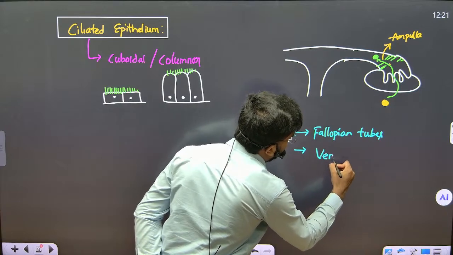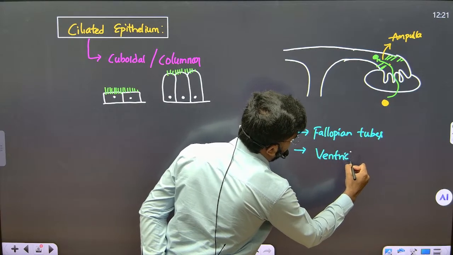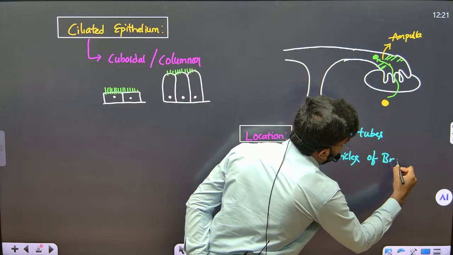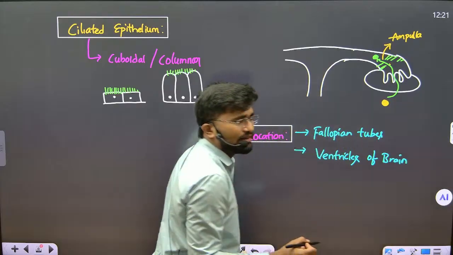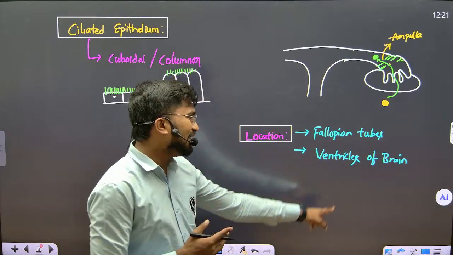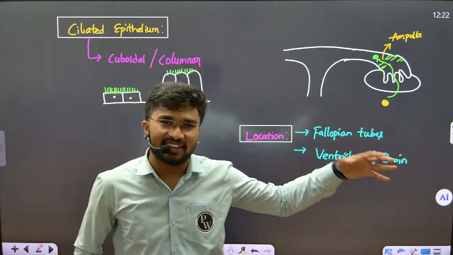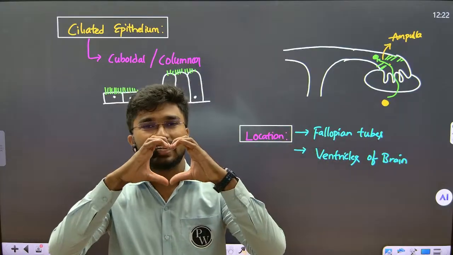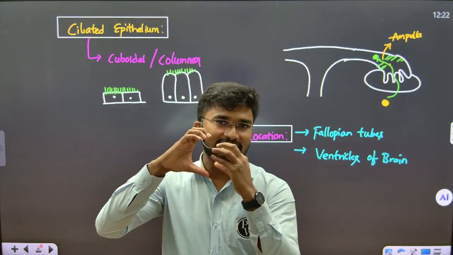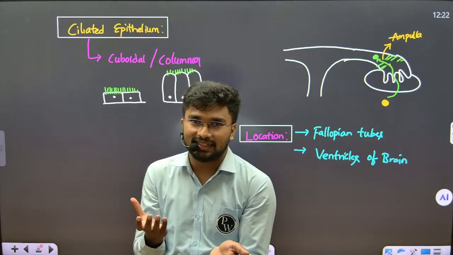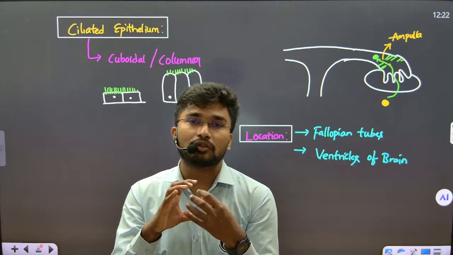Ventricles of the brain. You might be thinking, sir, we studied ventricles in the heart, what are you saying, brain? What kind of ventricles? See, in our brain there are some cavities. Inside our brain, there are some cavities. Why are cavities required? What is the necessity? The cavities of the brain produce a fluid.